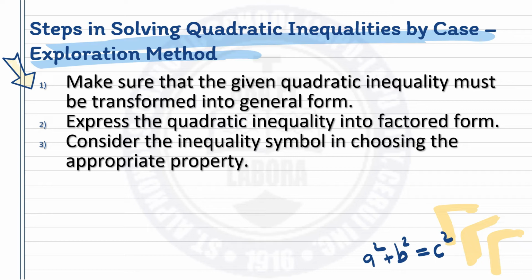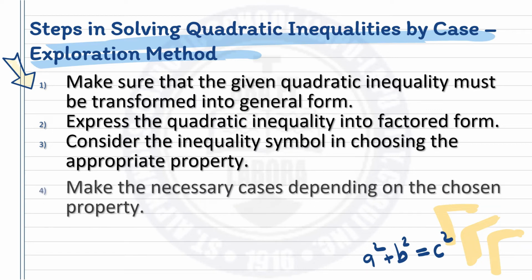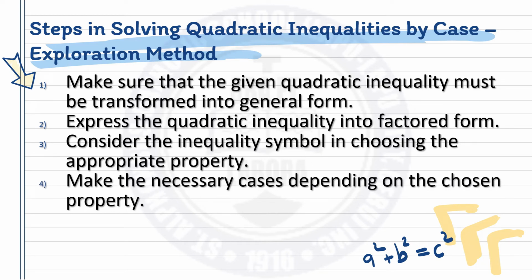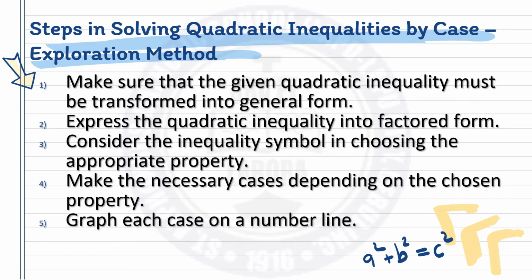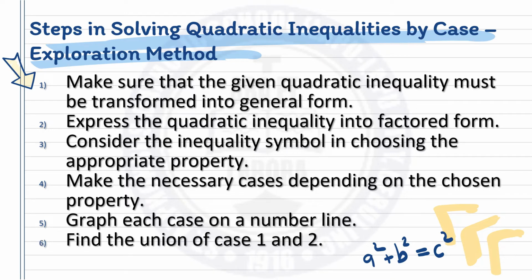Less than or less than or equal to, use property number 2. Number 4. Make the necessary cases depending on the chosen property. Number 5. Graph each case on a number line. Number 6. Find the union of each case. And lastly, number 7. Make a conclusion.